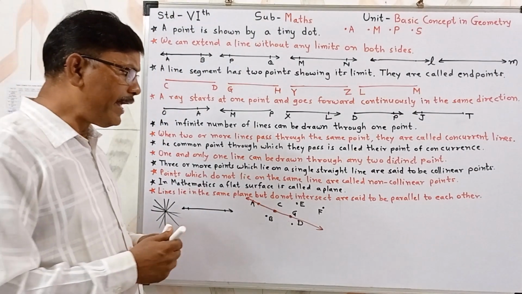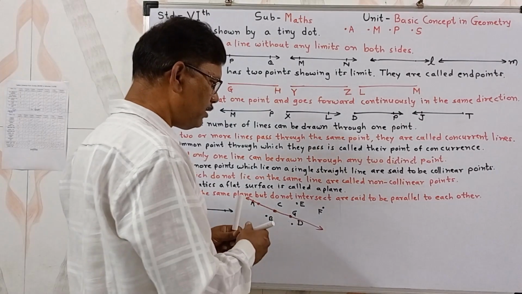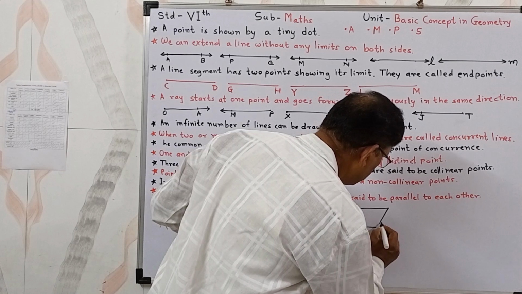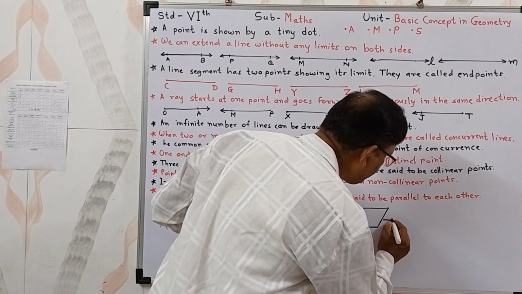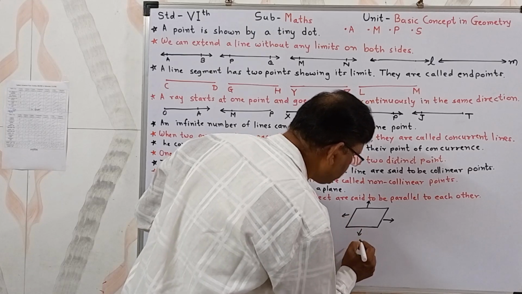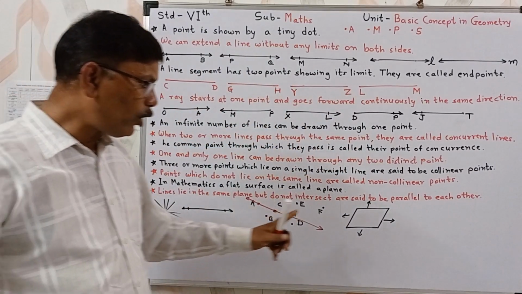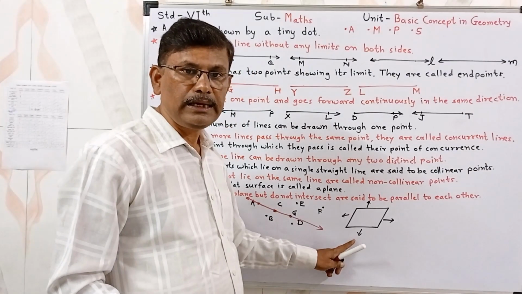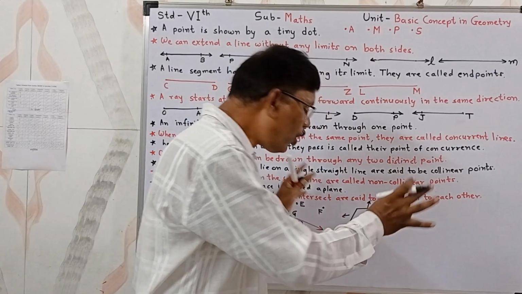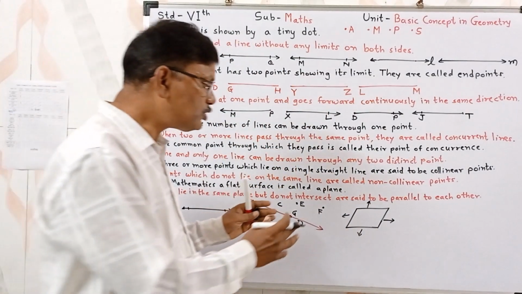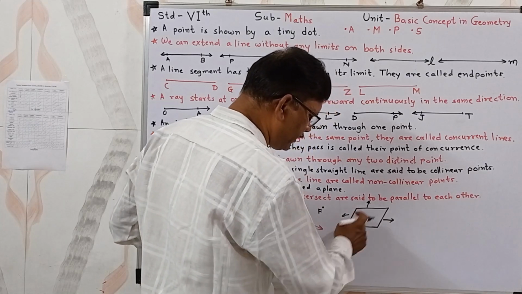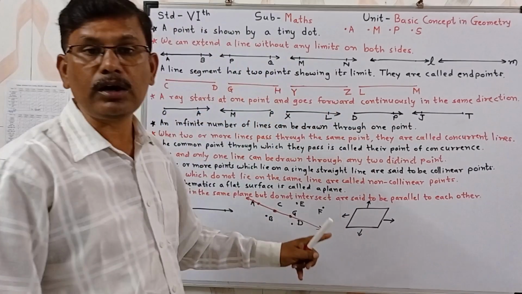But a plane also has 4 arrows, which means it extends to 4 sides. It extends to this side, this side, this side, this side. That is called a plane.